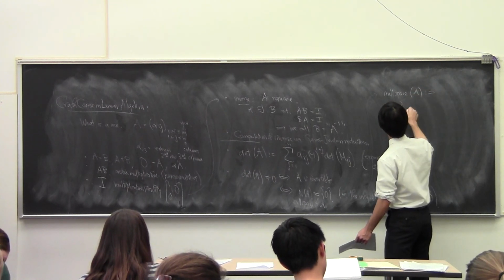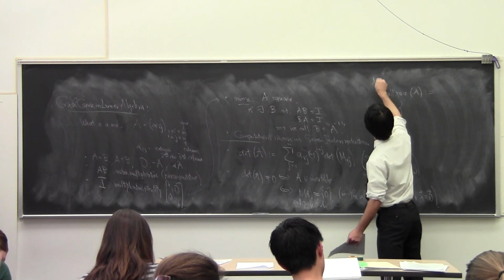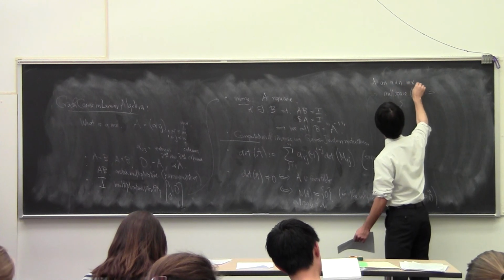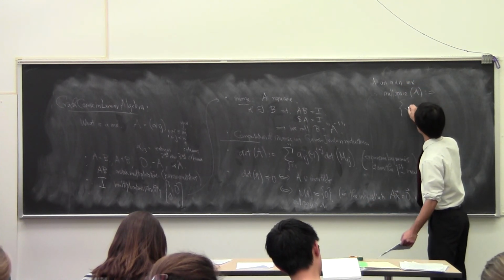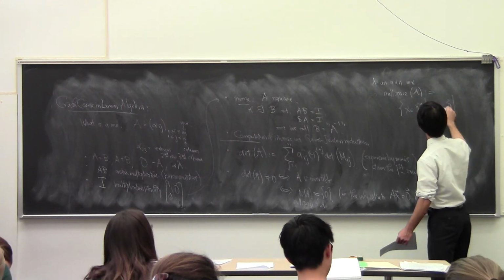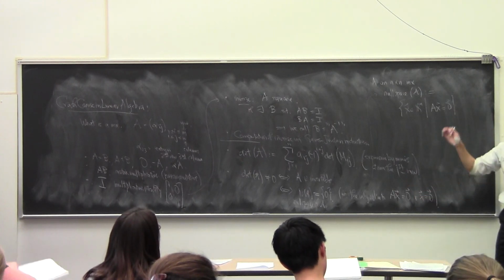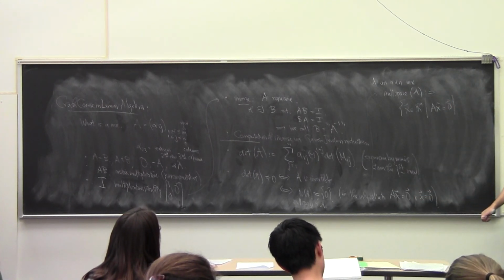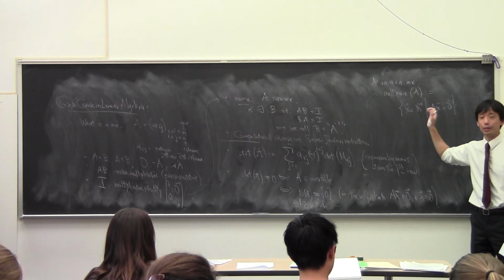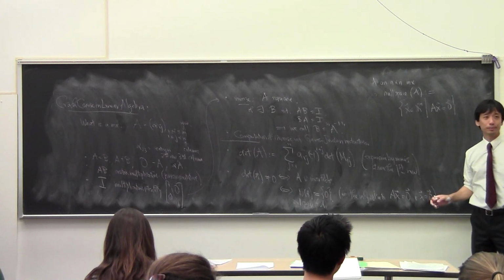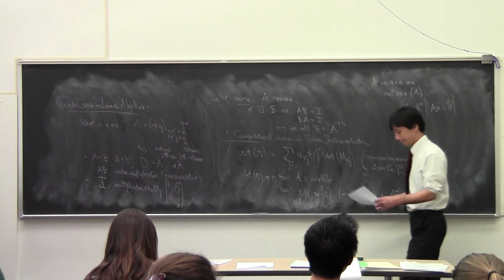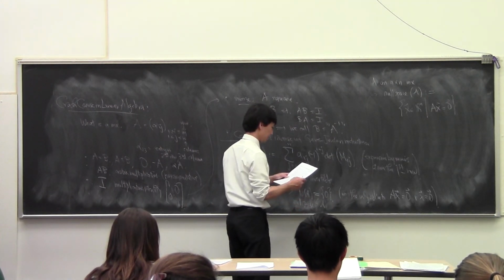Say A is an n by n matrix. The null space is all vectors in R^n such that Ax is 0, so all vectors that A will kill. And for a square matrix, the null space is 0 if and only if the matrix is invertible. So you can check invertibility this way.